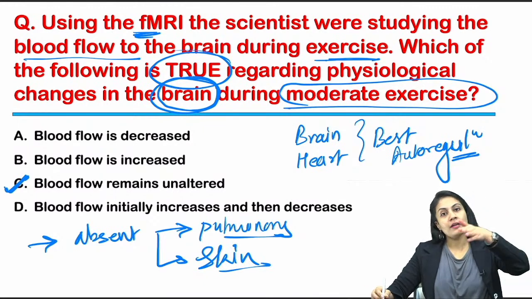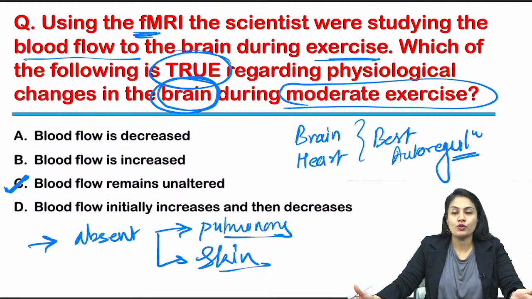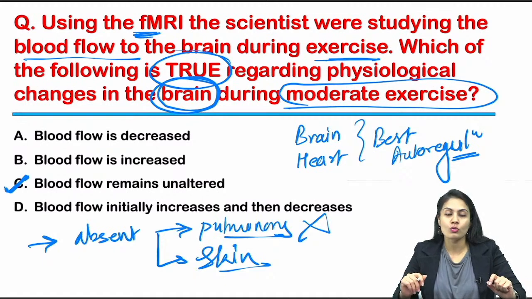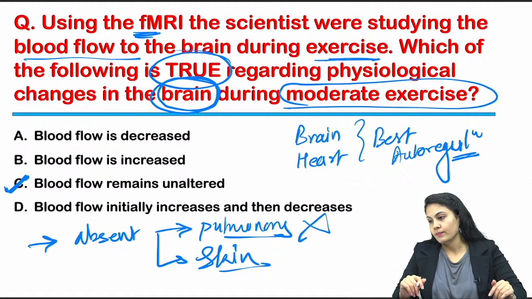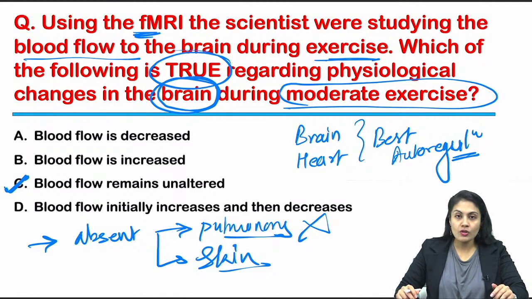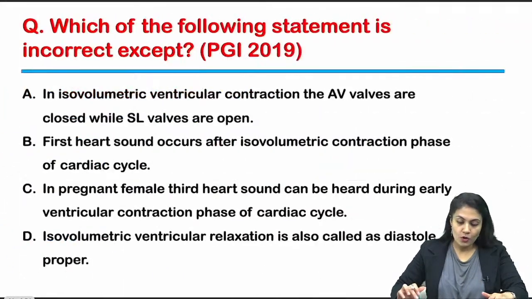Whatever blood is coming from the right ventricle, the lungs have to take it. There is no option, so there is no autoregulation in the pulmonary system. In the skin also, there is no autoregulation, and that's why for heat conservation as well as heat loss, we use the vessels beneath the skin. Let's move on to the next question.